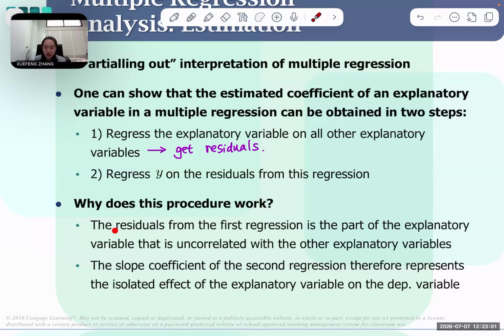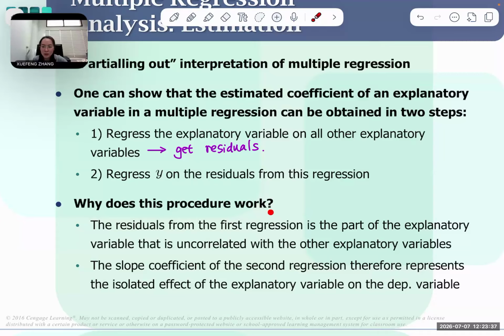Think about what the step 1 residuals actually are. The residuals from the first regression are the part of the explanatory variable that is uncorrelated with the other explanatory variables. It's the part of x1 that has nothing to do with the other x.